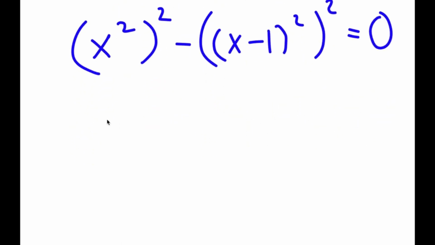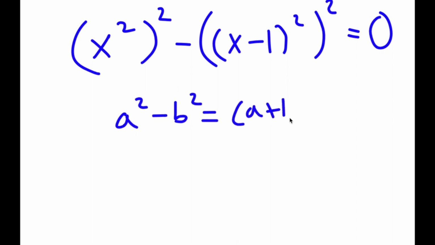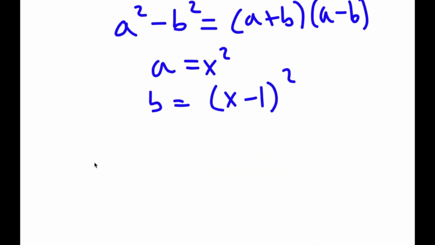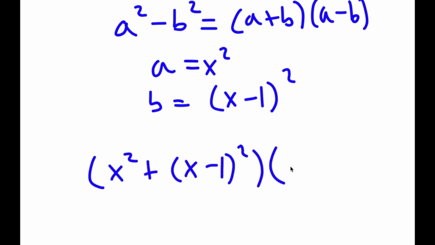Now, if I have something in the form a squared minus b squared, this is equal to a plus b times a minus b. So in this case, a is x squared and b is x minus 1 squared. So now I have x squared plus x minus 1 squared times x squared minus x minus 1 squared.